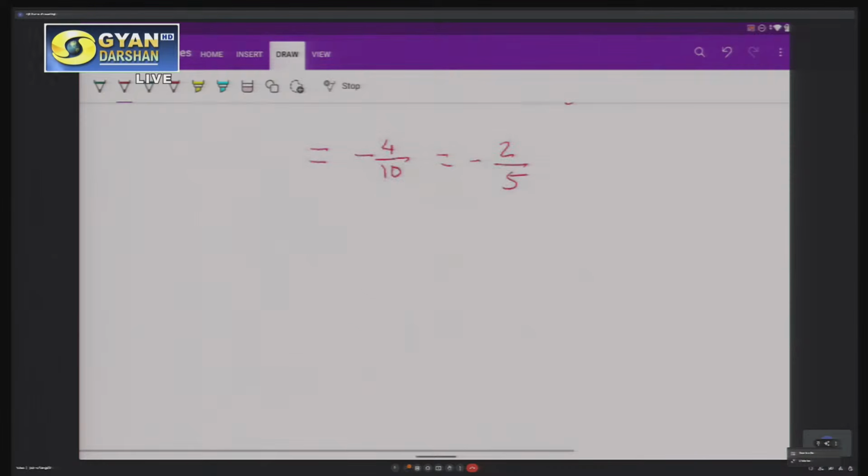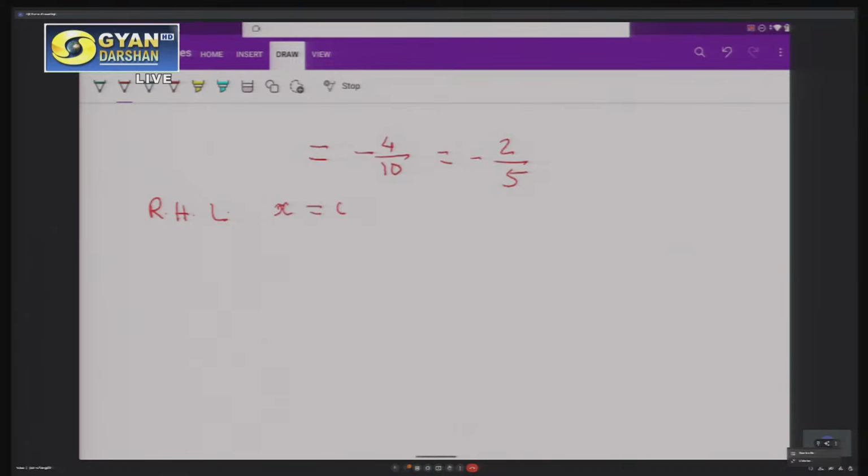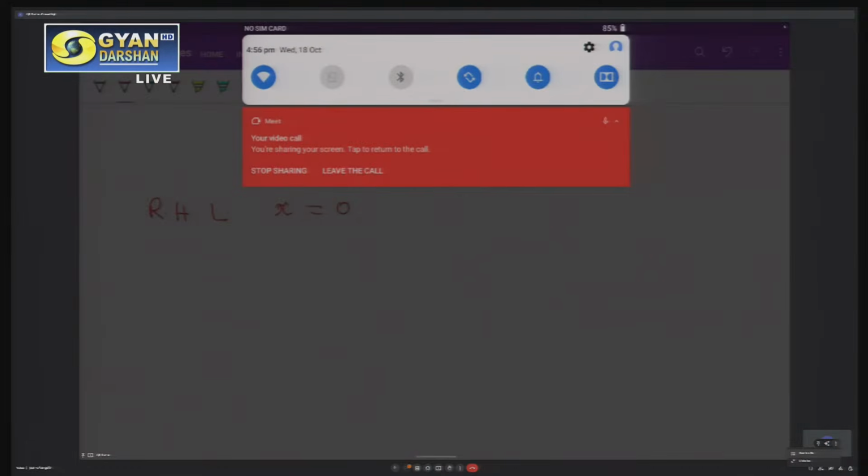Let us take right hand limit. In that case we will take x, because we are approaching x from the right side, so x will be equal to 0 plus h.